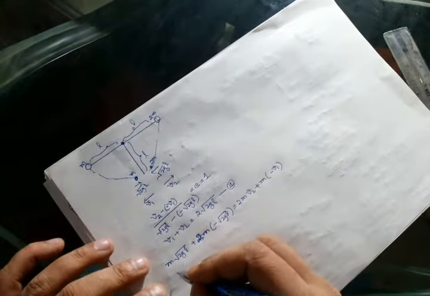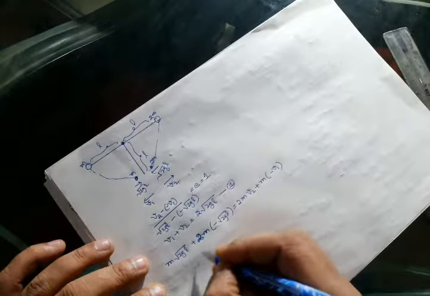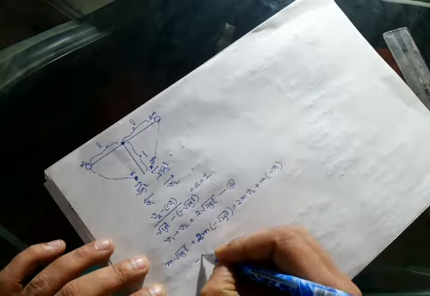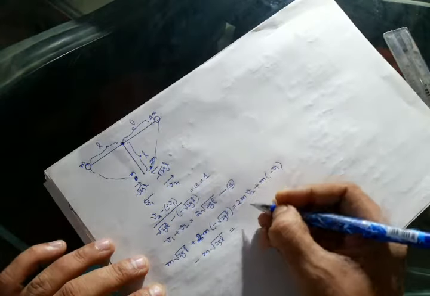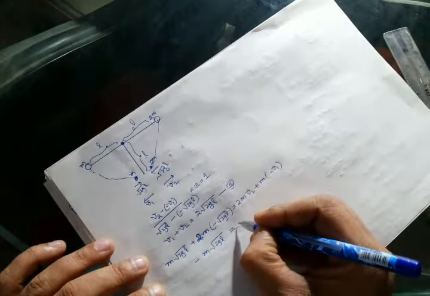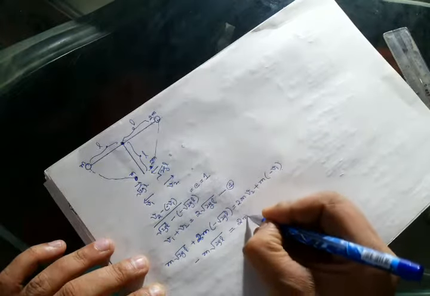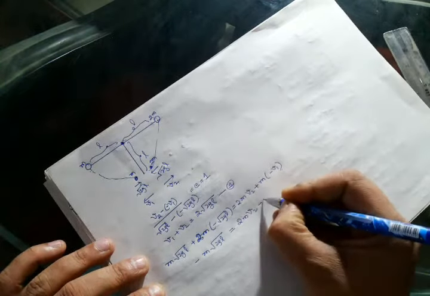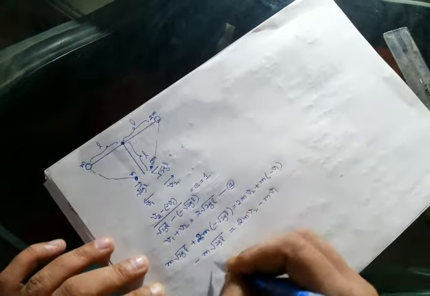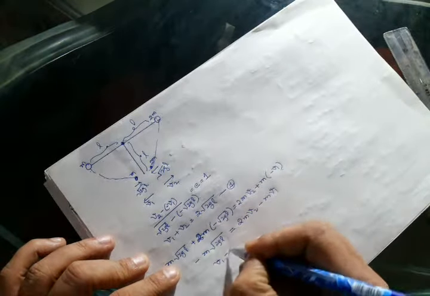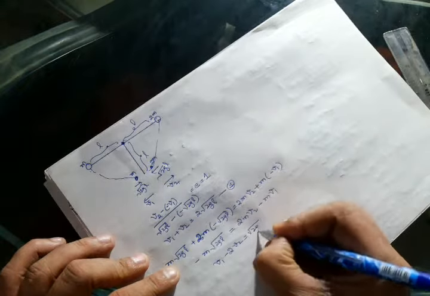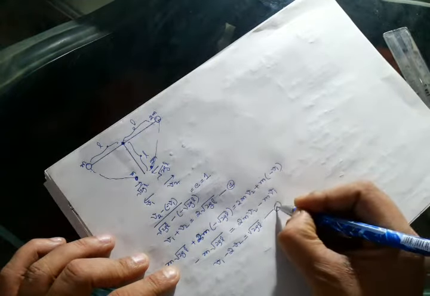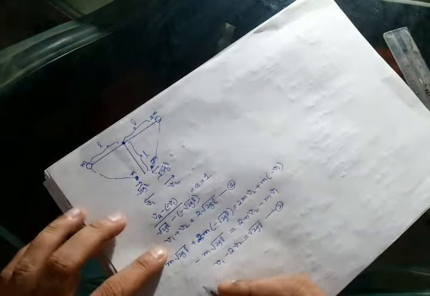So this will be minus m root 2gl is equal to 2m v2 minus m v1. v1 minus 2 v2 is equal to root 2gl. This is my second equation.